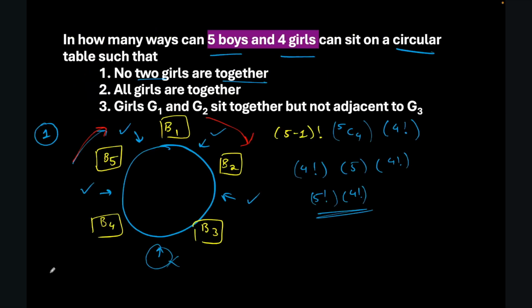Case 3, we have girls G1 and G2 sit together, but not adjacent to G3. So this is a little tricky situation. However, we can break it down. So we have case 3, and we have boy 1, boy 2, boy 3, boy 4, boy 5, along with G1, G2, G3, and G4.